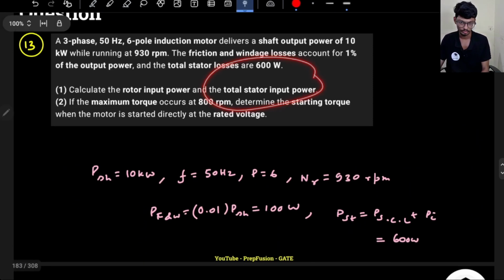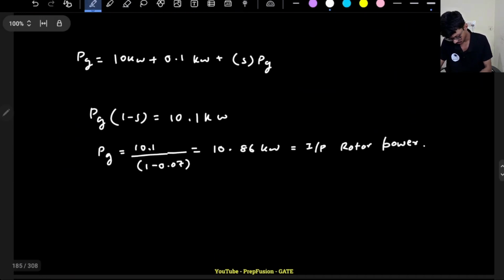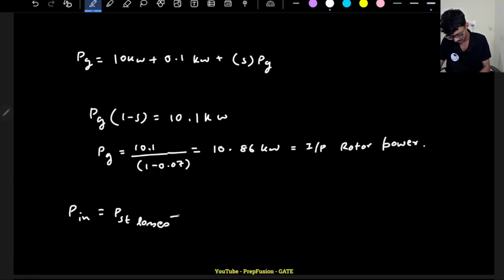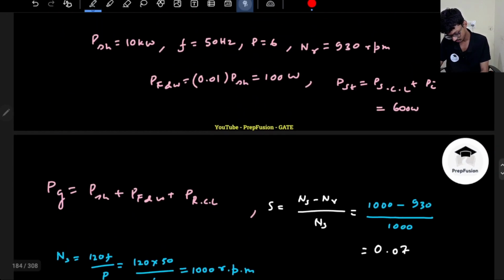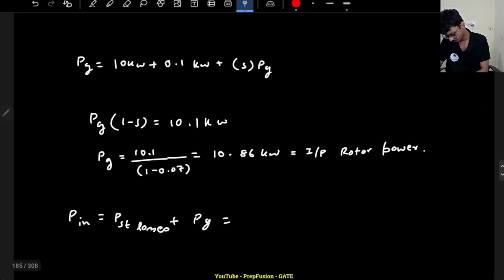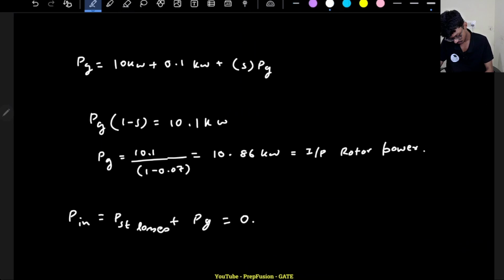Now what is the stator input power? Stator input power is basically the stator losses plus the air gap power, right? I hope you remember the flow. The power flow should be in your mind. So the stator losses they have provided us, it is 0.6 kilowatt, plus 10.86 kilowatt, which is equal to 11.46 kilowatt.